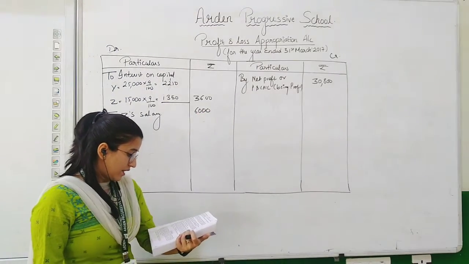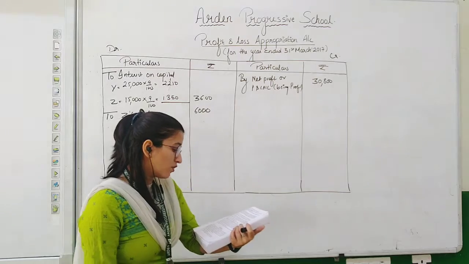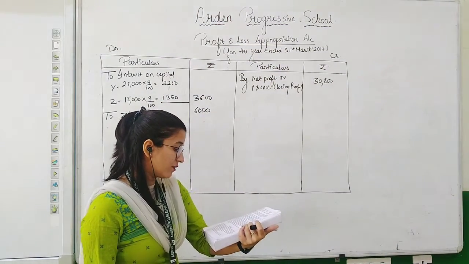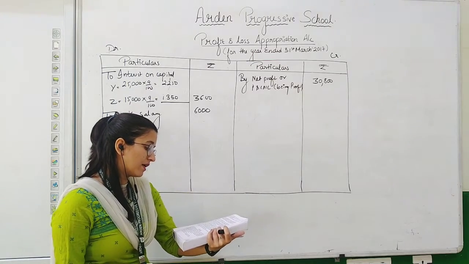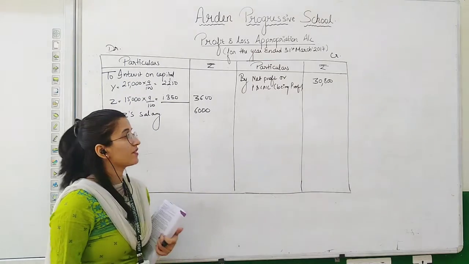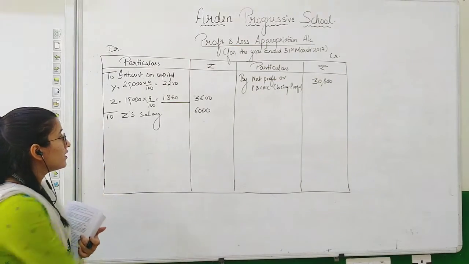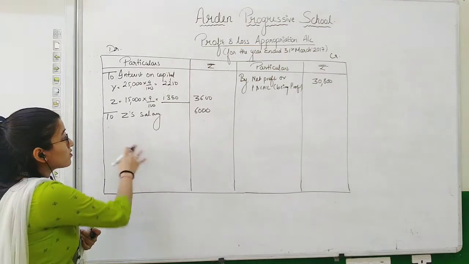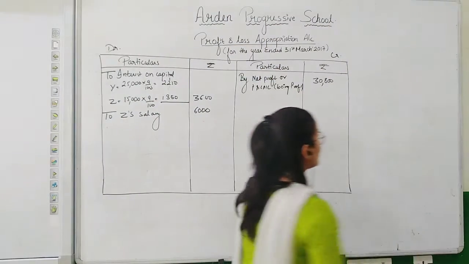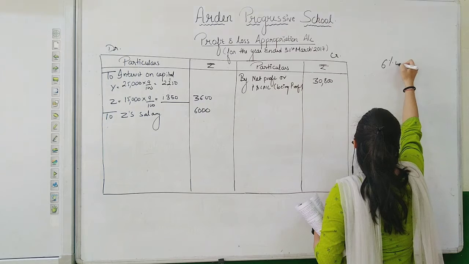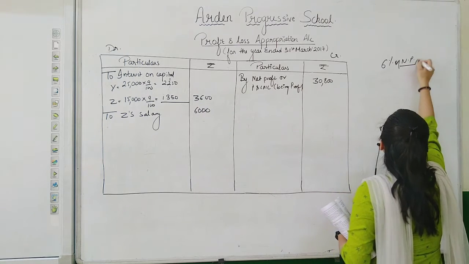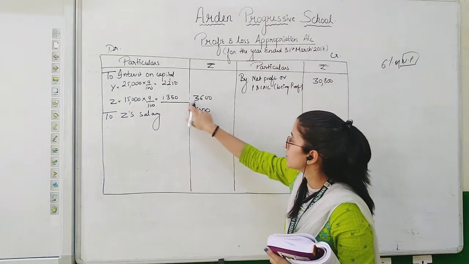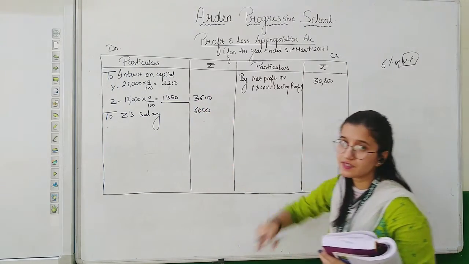Next we have Z, who is also entitled to a commission of 6% of net profit remaining after deducting interest on capital and salary and after charging his commission. As Z is entitled to a salary of 6,000 per annum, Z is also entitled to the commission of 6% on net profit. Which net profit? Net profit remaining after deducting interest on capital and Z's salary.